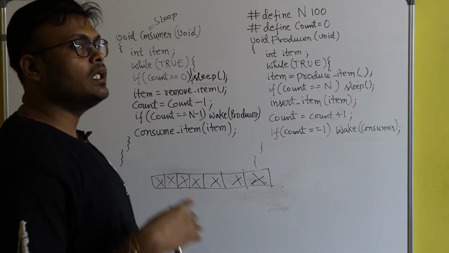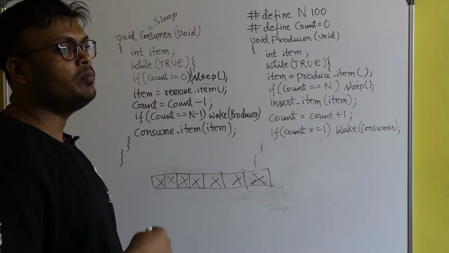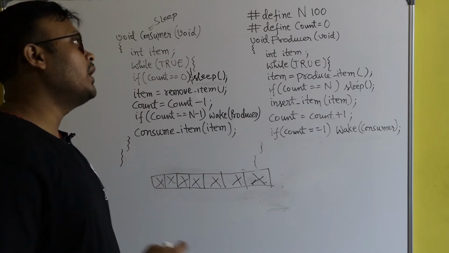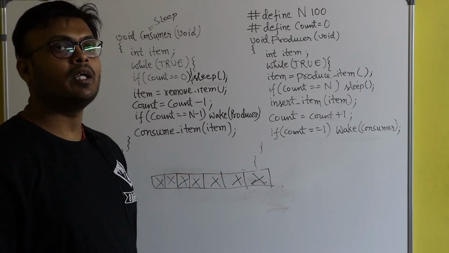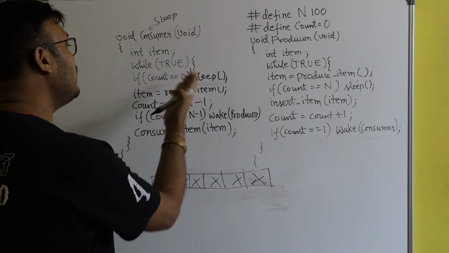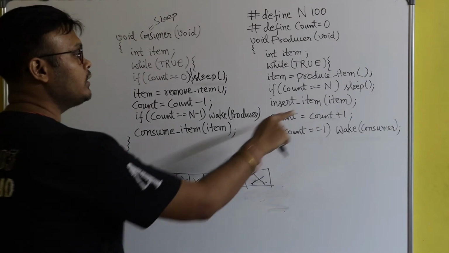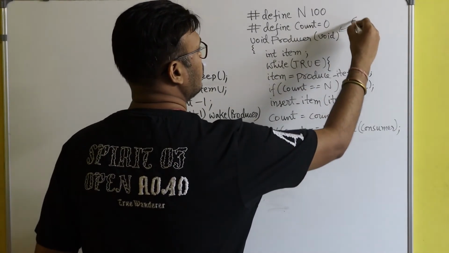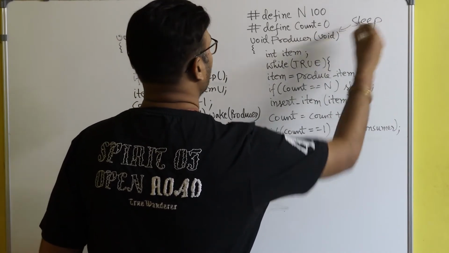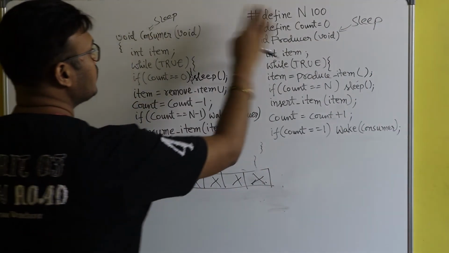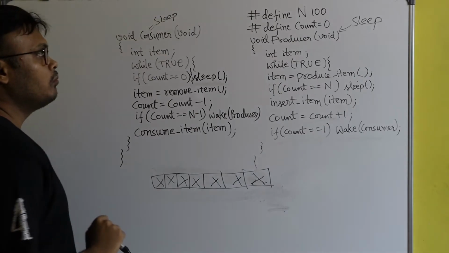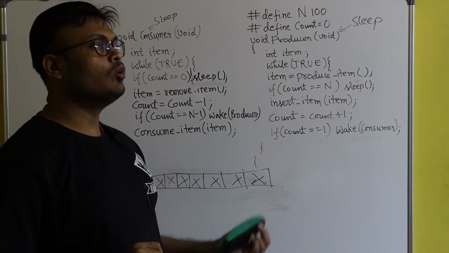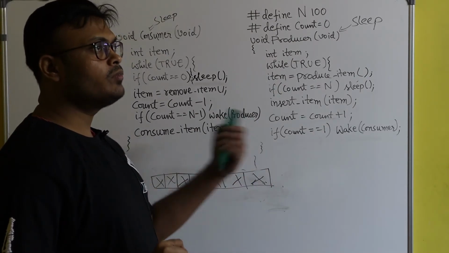The producer will sleep in the hope that the consumer will wake him up. But how will the consumer wake him up? Because the consumer himself is sleeping. So here you see at this point, the producer is also sleeping. Now you can see that both are sleeping, in the hope that the other will wake them up.